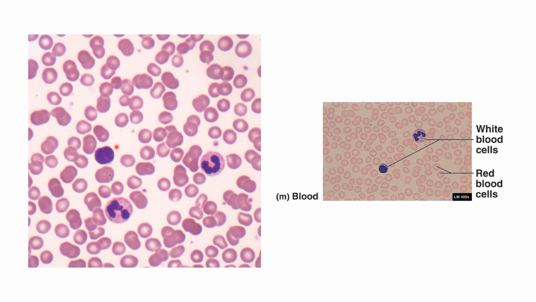But this one up here, that's a white blood cell as well, but we have several different types of white blood cells. So this is called a lymphocyte. And that big purple part is actually the nucleus. You can see just barely at the bottom of this one a little bit of cytoplasm.